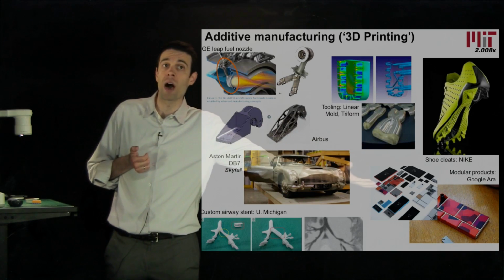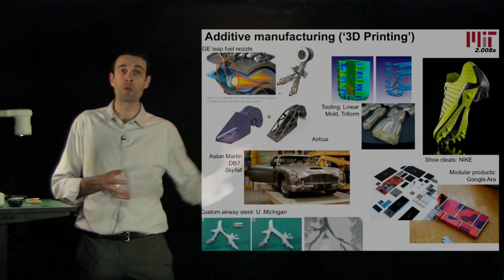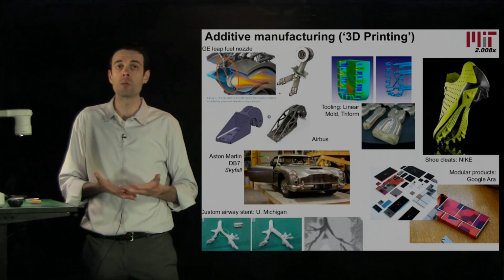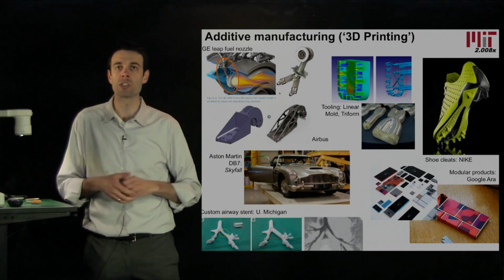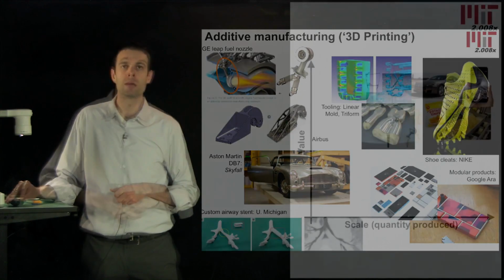To new models for product design, Google is advancing the idea of a modular smartphone where different designers and small manufacturers could create different modules that consumers could then buy and mix and match in their smartphone rather than upgrading the whole phone at the same time.